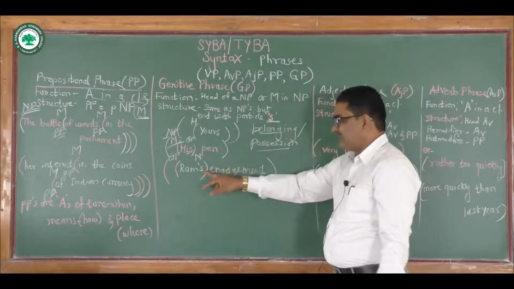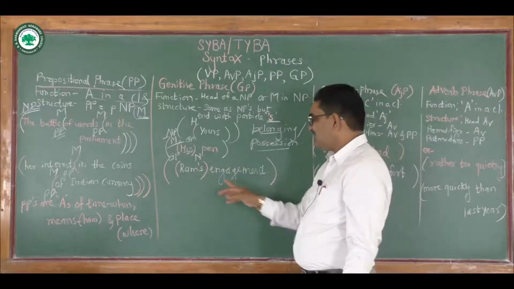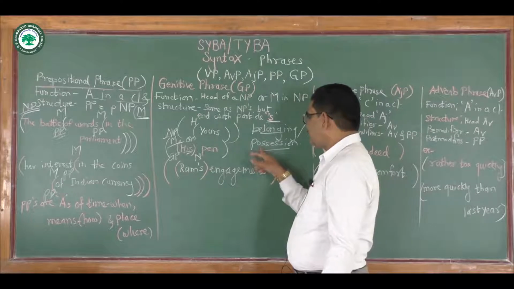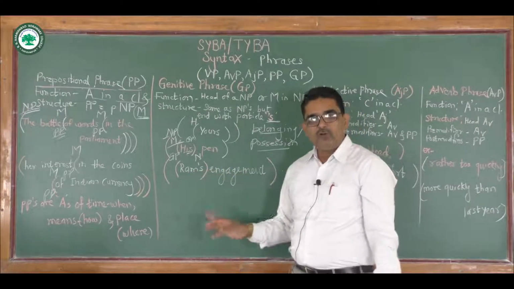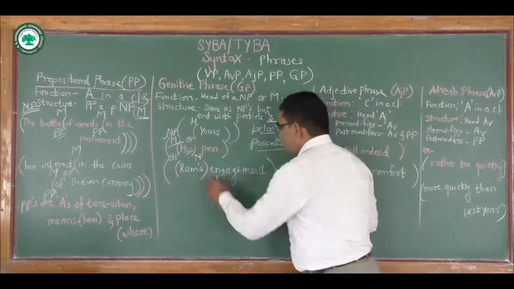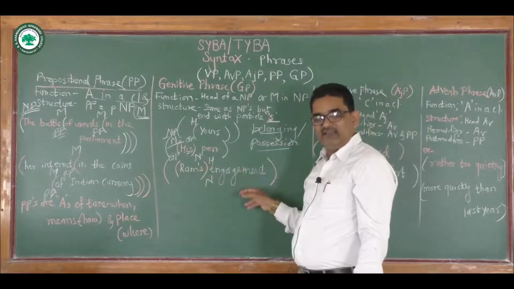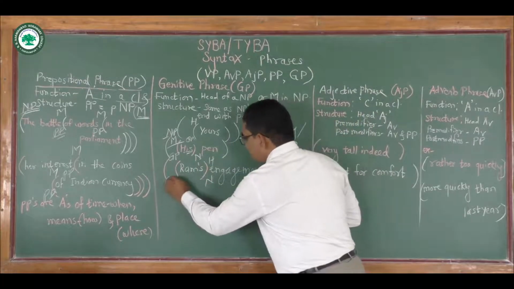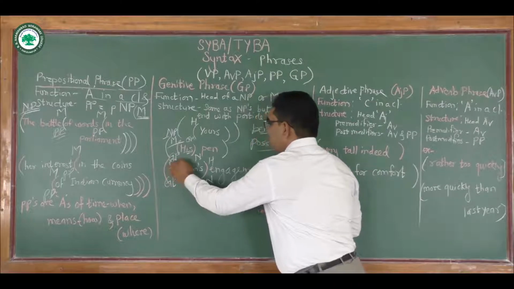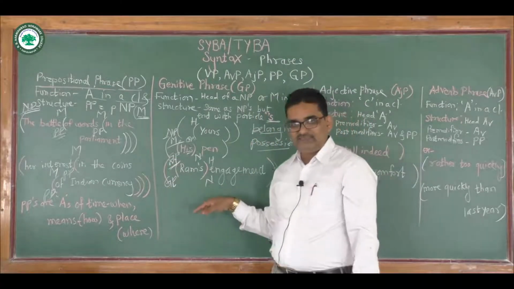Ram's, apostrophe s, again shows possession. Whose engagement? Ram's. The head word is engagement, a noun. Ram's is a genitive phrase, and it functions as pre-modifier in that noun phrase.